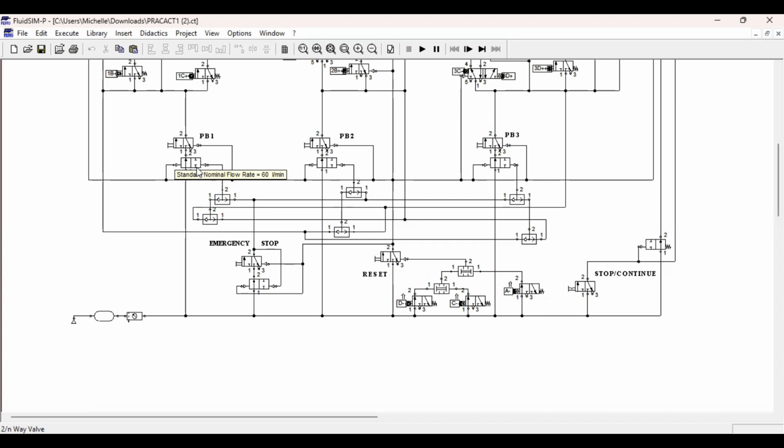And once na naputol na yung daloy ng air, hindi na ulit gagana tong si push button 1, push button 2, and push button 3 unless pinindot ang reset button. That's why this emergency stop is electrically connected to this reset button.